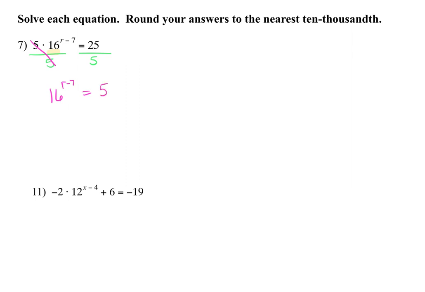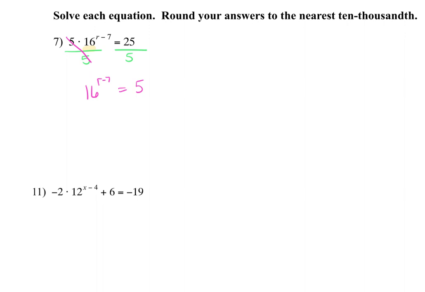Now here is where there are 2 processes you can do. My first process is I can do my common log of both sides. So I can say log and log, my common log, base 10, because that's in my calculator. If I do it that way, I can just expand it, right? My exponent comes out in front, so I have that r minus 7 here, and I have log of 16 here, log of 5 here.